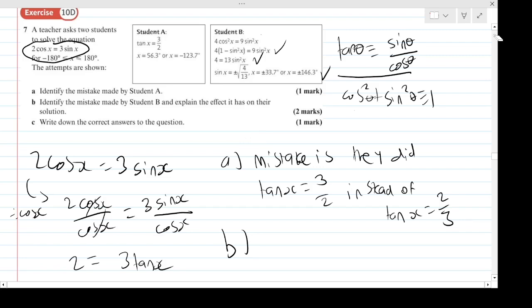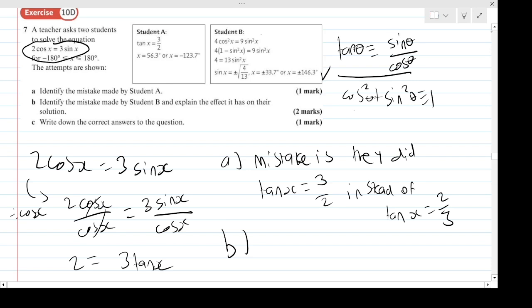Because what's the problem with squaring? We did look at this when we looked at quadratic equations. It's the same concept there, but in chapter 2, we looked at when you square both sides, you introduce extra solutions, right?